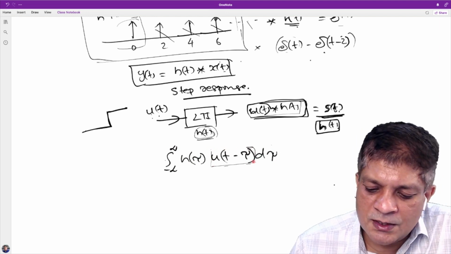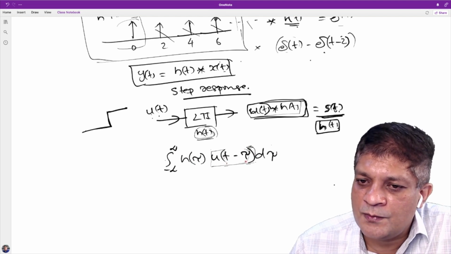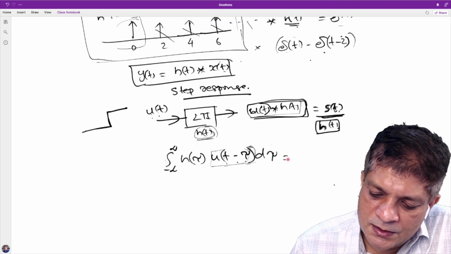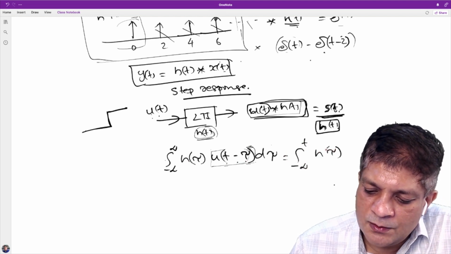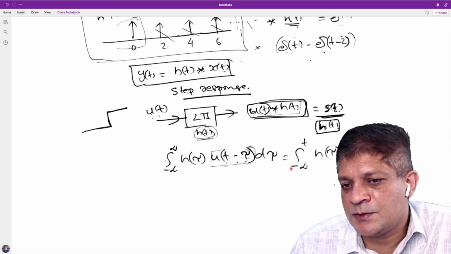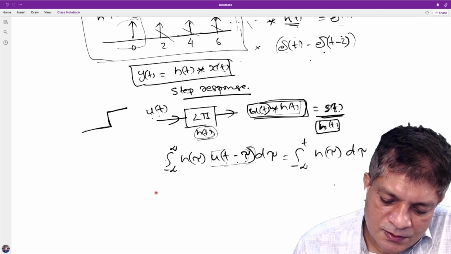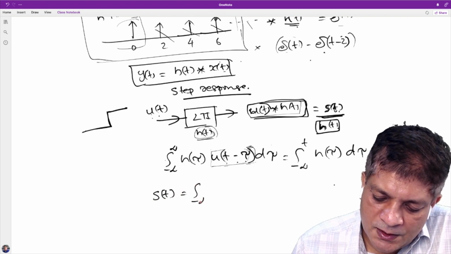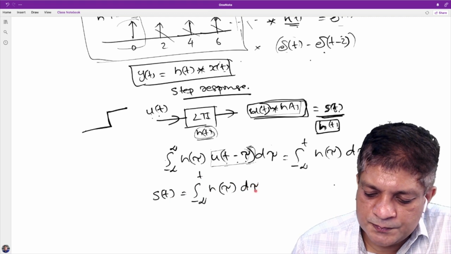It is 1 only when the argument is greater than 0. So for that condition, it is the integral from minus infinity to t of h(tau) d tau. That is the relation between the step response of a system and its impulse response. Step response s(t) is the integral from minus infinity to t of h(tau) d tau.